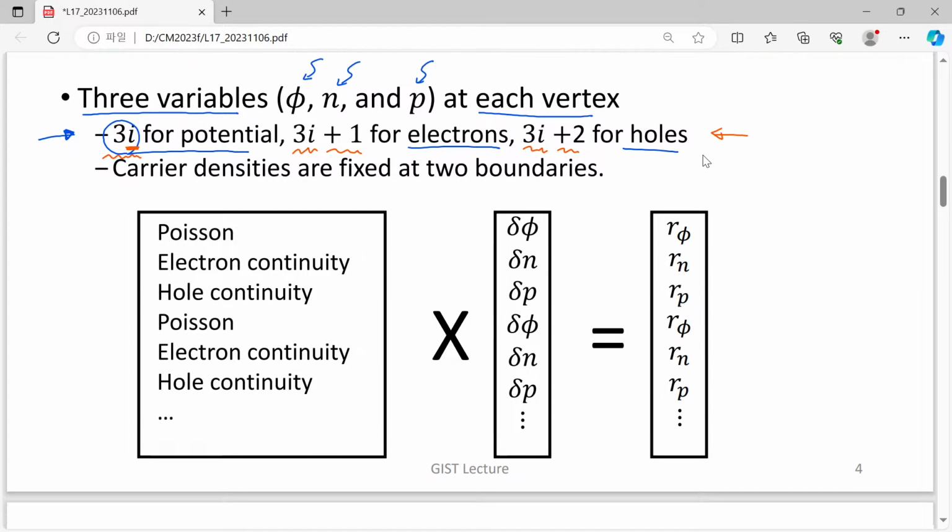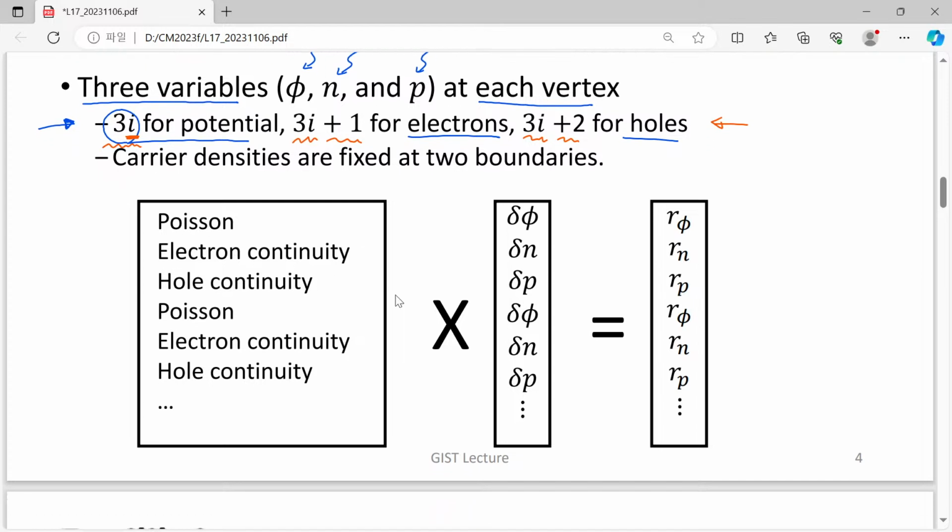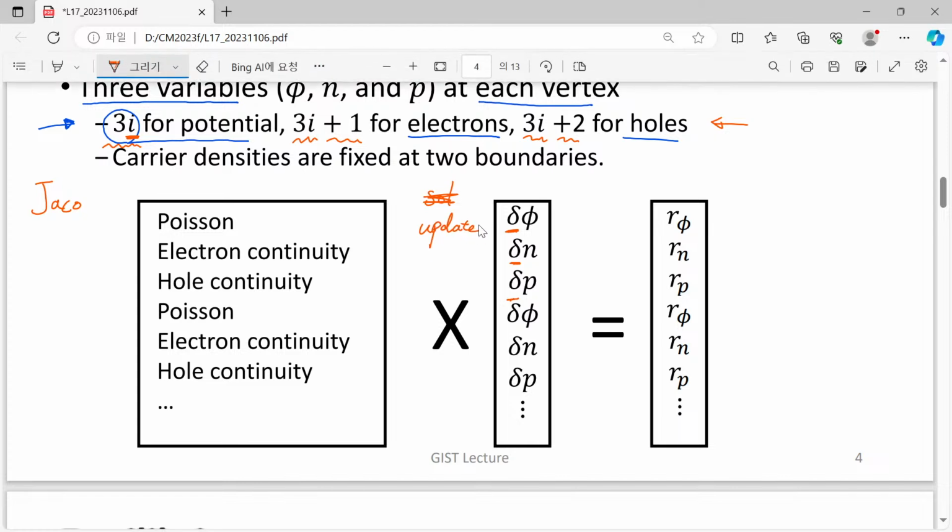Then now we will have this kind of form: this is a Jacobian matrix, and this is the solution variable. Actually not exactly the solution variable, but the update. So instead of a solution variable, let's say this is the update vector, and here we have the residue vector. So what is the residue vector?